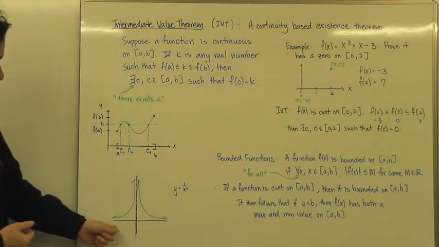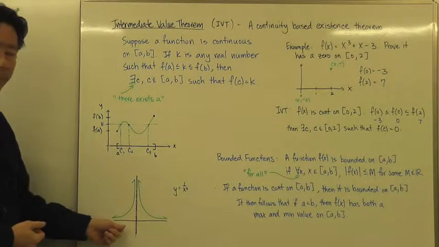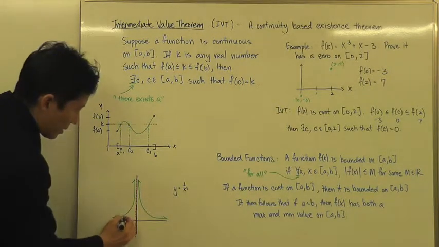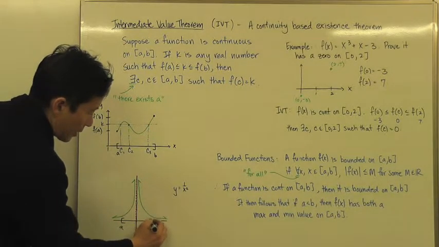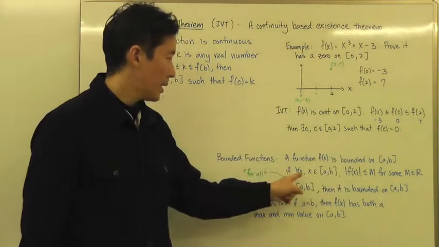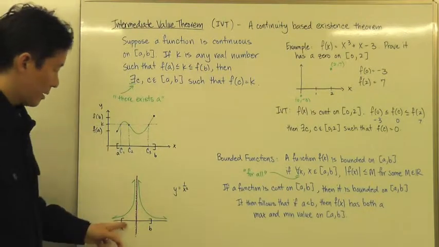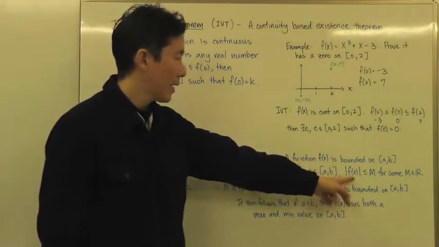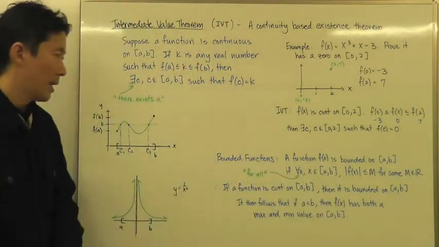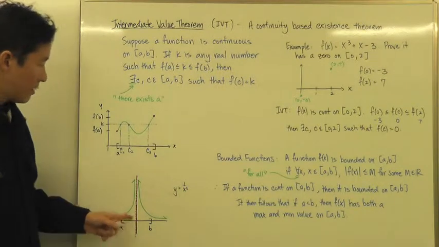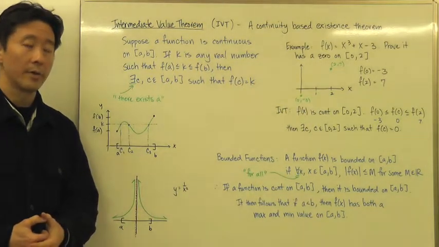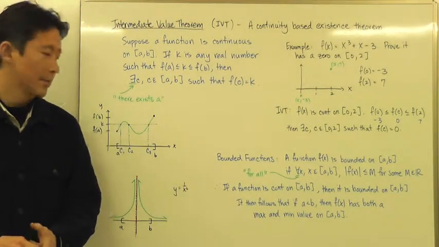Now, if we take a look at this situation here, is this one bounded? Now I'm also going to say that we're talking about this closed interval here from a to b. A function f of x is bounded if for all x on here, the absolute value of f of x is going to be less than or equal to m for some real number m. Now, what we know is that for this particular function, y is equal to 1 over x squared, there's going to be a vertical asymptote when x is equal to 0.